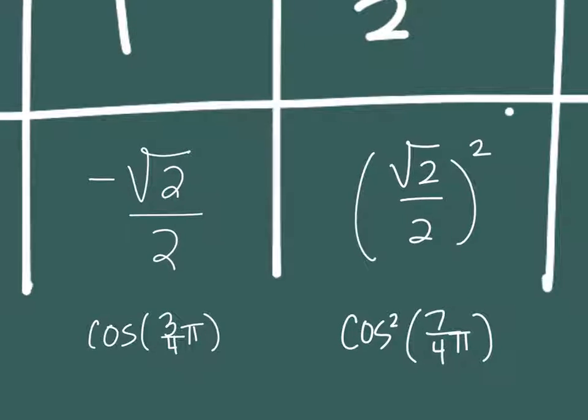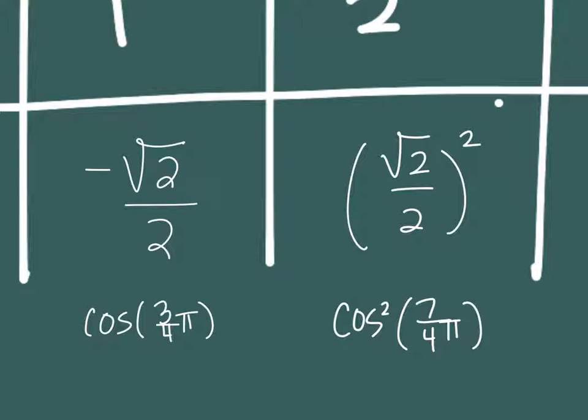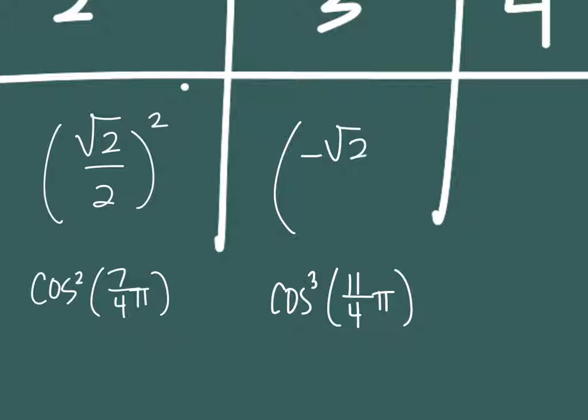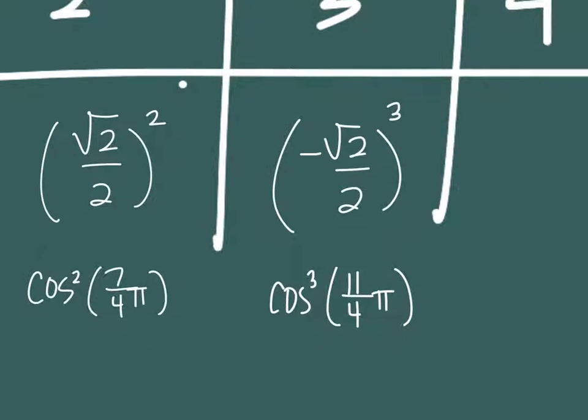And I'm going to put this to the first power. Okay, if I plug in 3, I will have cosine cubed of 11/4 pi, which is back to negative rad 2 over 2 cubed.